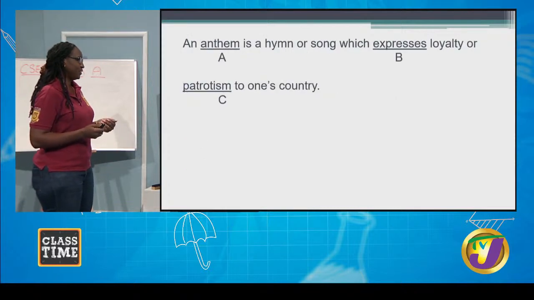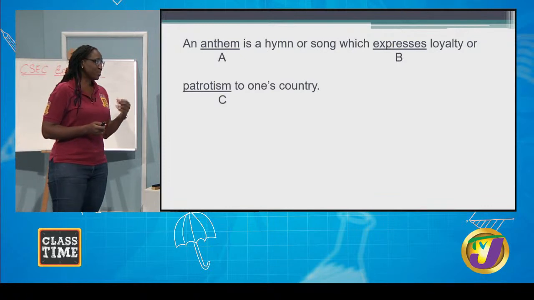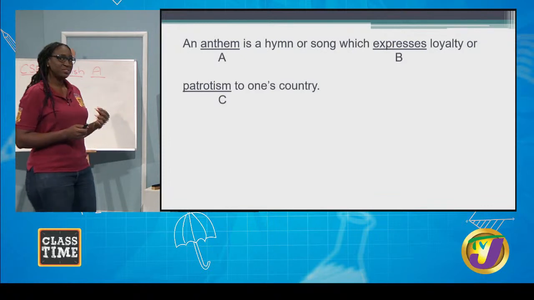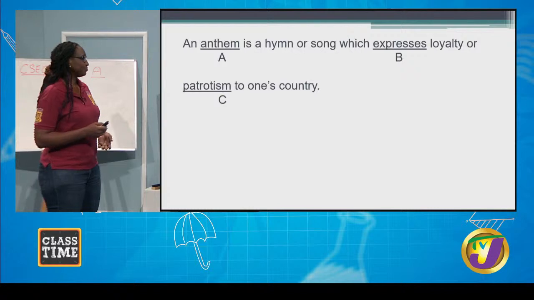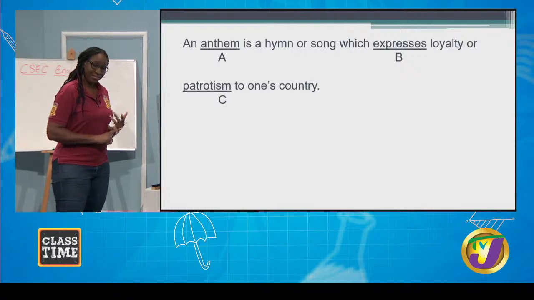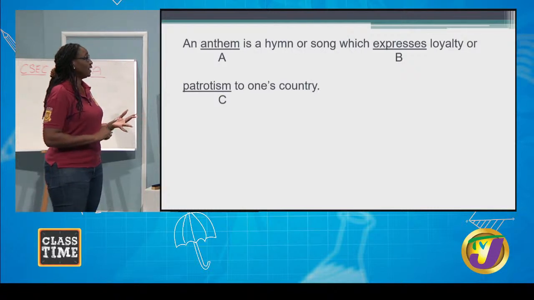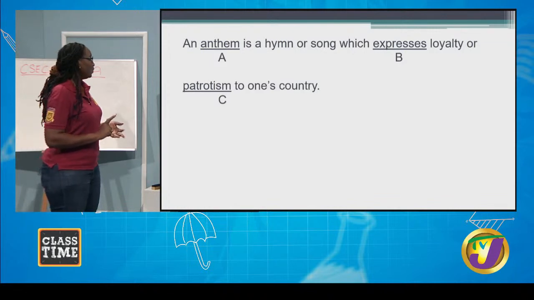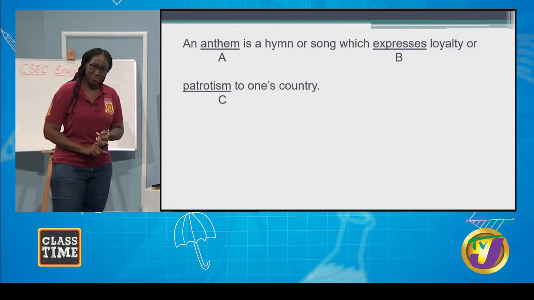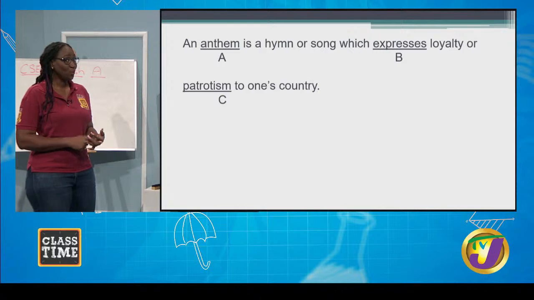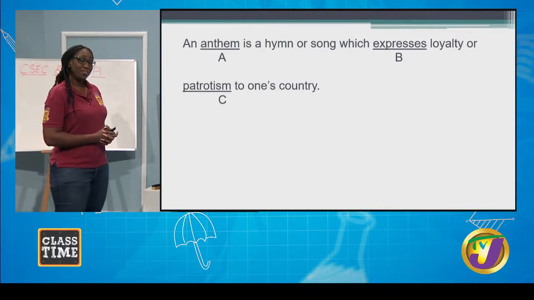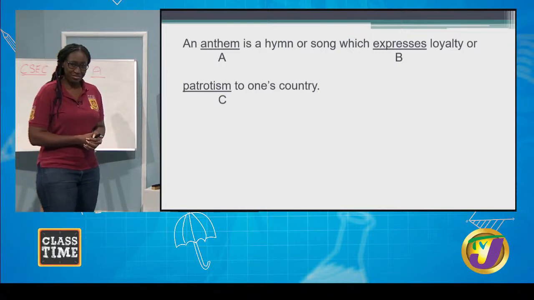An anthem is a hymn or song which expresses loyalty or patriotism to one's country. So we're looking at anthem, we're looking at expresses, and we're looking at patriotism. Again, look closely. Do we have a no error situation here?